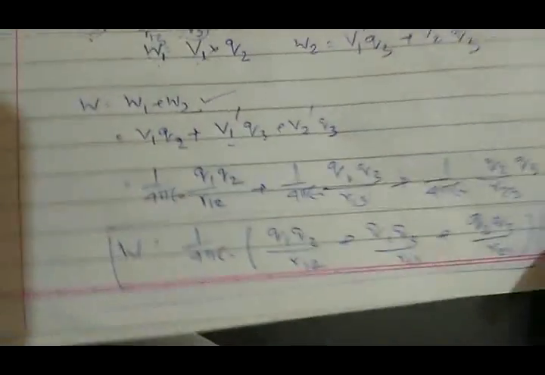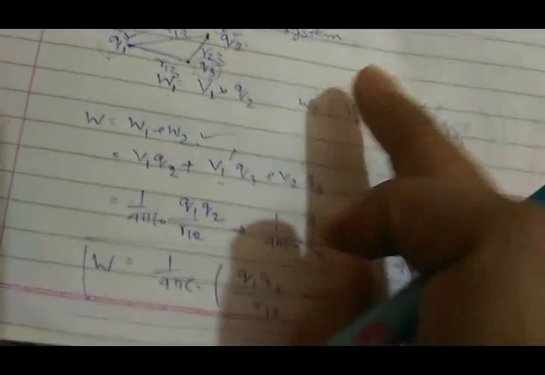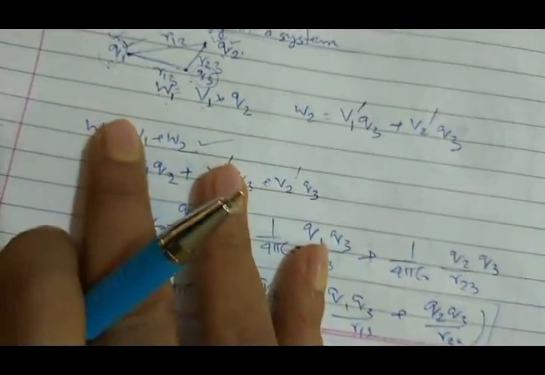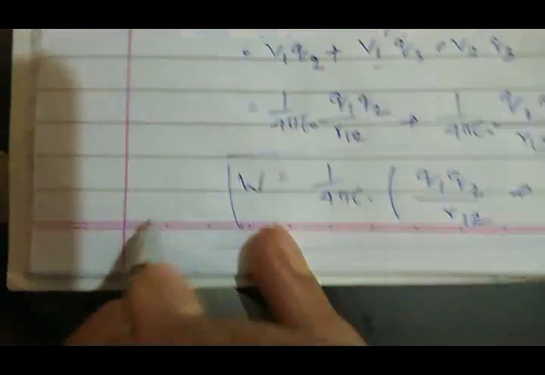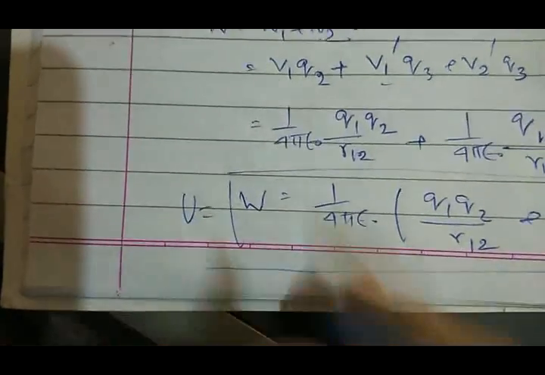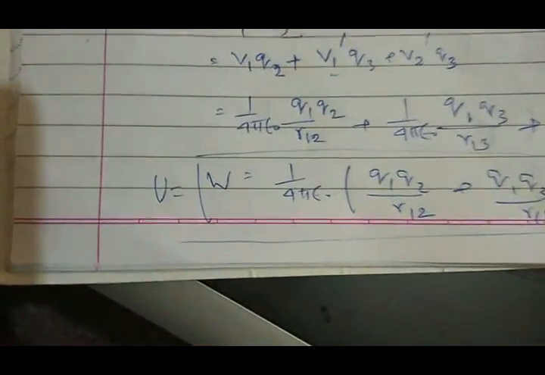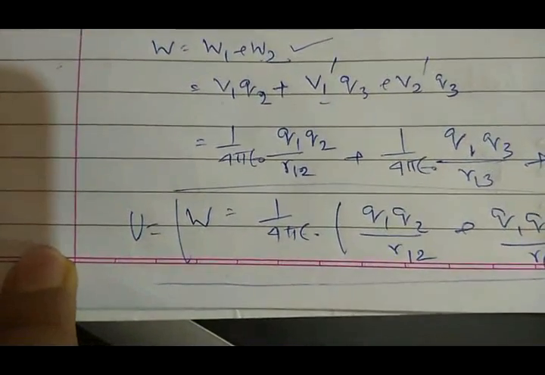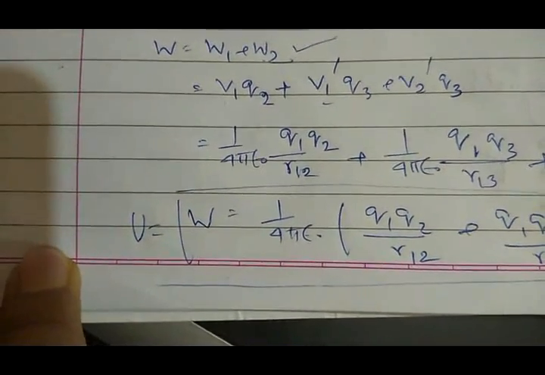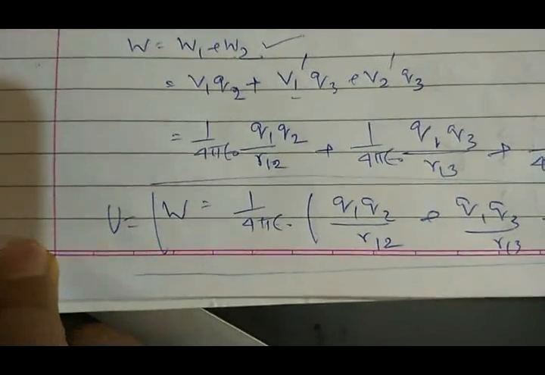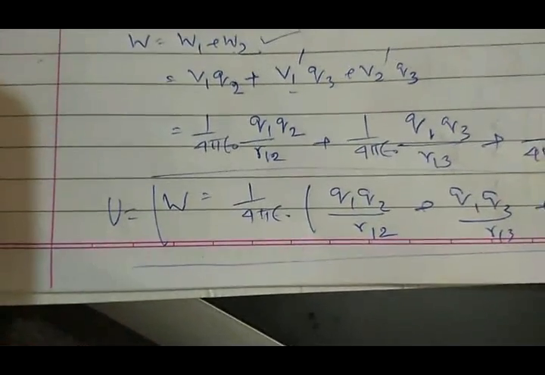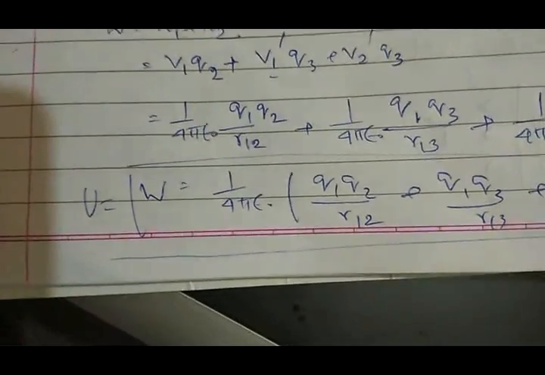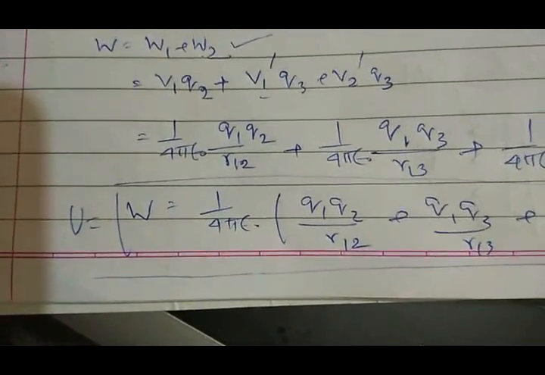This amount of work done will be stored in this system. The potential energy of the system will be the same. This is also the potential energy of the system. Now in questions, they generally ask about the equilibrium of the system. A system of charges will be in equilibrium if the total electrical potential energy of the system becomes 0.